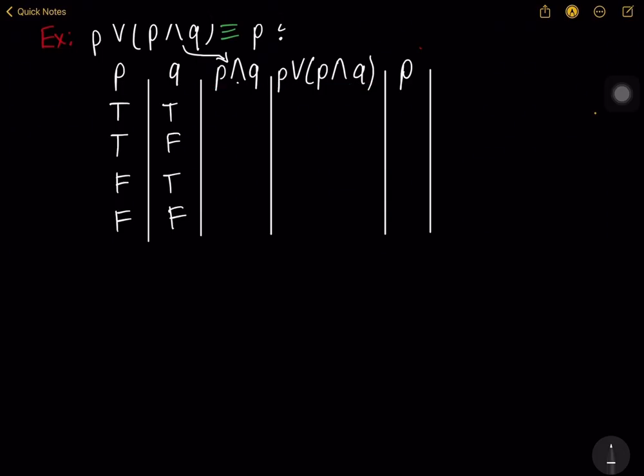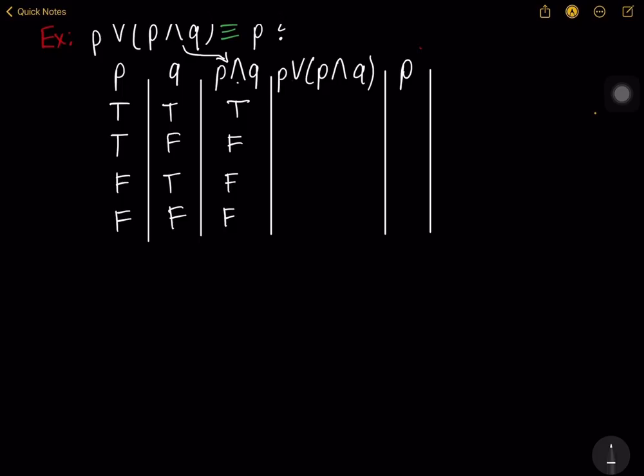Okay, so we have P and Q. You know that P and Q is only true if both variables are true, right? So the first one, true, true, is true. True, false is false. True, false, also false. And the last one is also false.